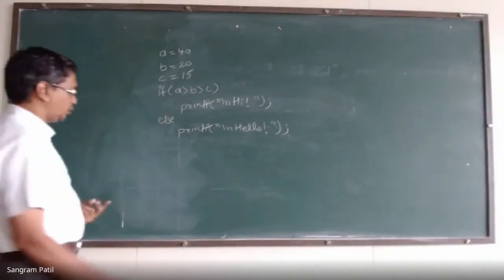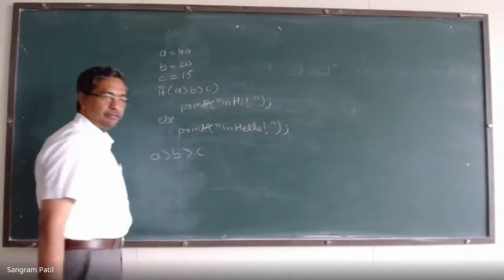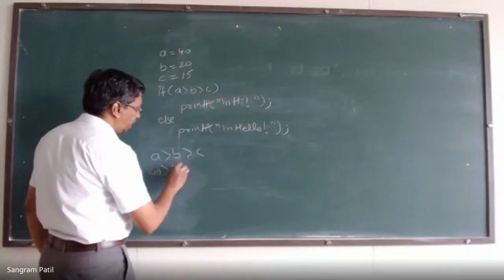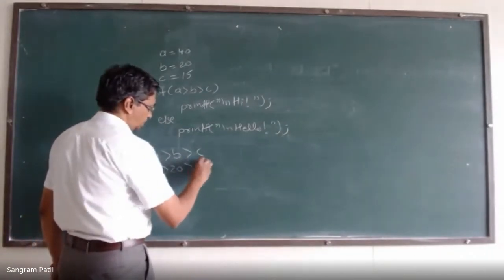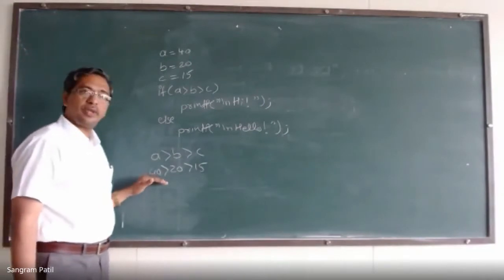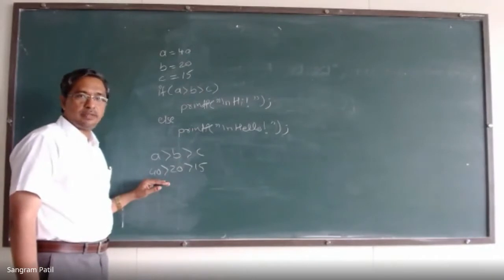Now, how does it execute? A is greater than B, greater than C. 40 is greater than 20, greater than 15. So it solves from left to right. 40 is greater than 20. Yes, the condition is satisfied.